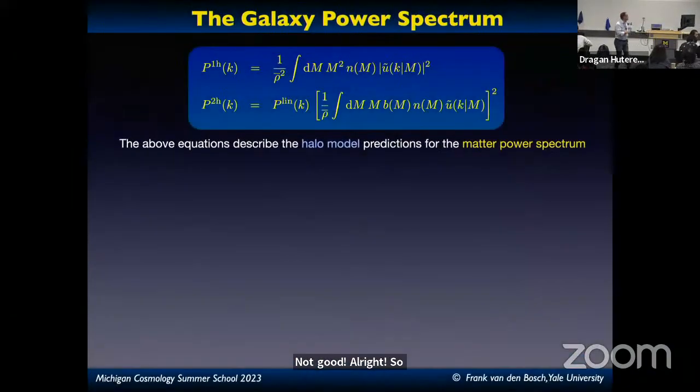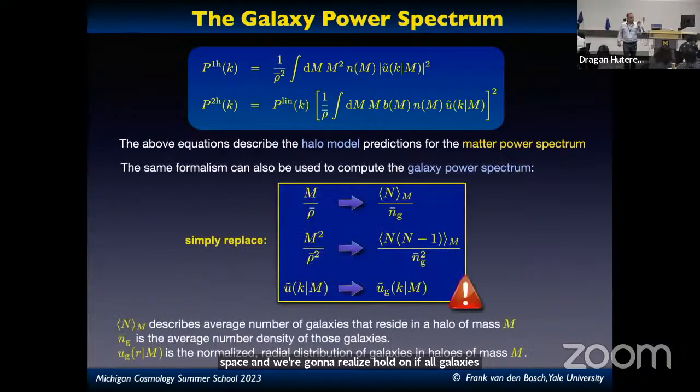We'll look at the equation here for the 1 halo and 2 halo term, describing the nonlinear matter power spectrum, which describes how the dark matter particles are clustered in space. And we're going to realize, hold on, if all galaxies live in dark matter halos, which was our premise, then I should be able to also compute the correlation function of the galaxies.